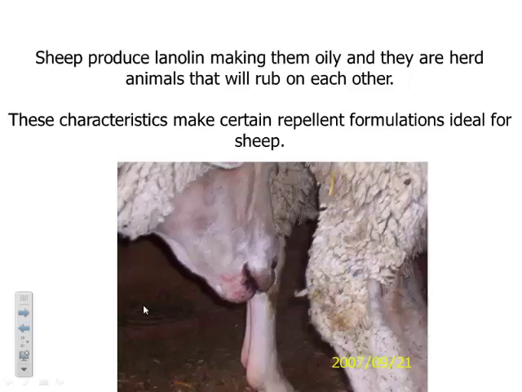Sheep also, and this is different from a lot of other livestock, produce a chemical called lanolin. Lanolin, you use it in hand soap. It's an oily material, so sheep are covered in lanolin oil. They rub all over each other because they're social animals, and that makes them a really great target for insect repellents, because some insect repellents are fat soluble, and you don't have to treat everyone when animals like to rub against each other.